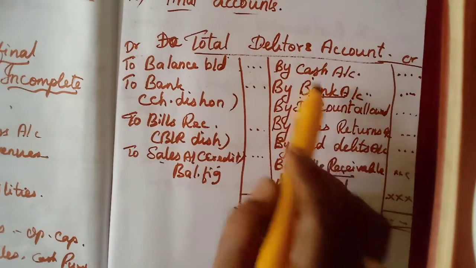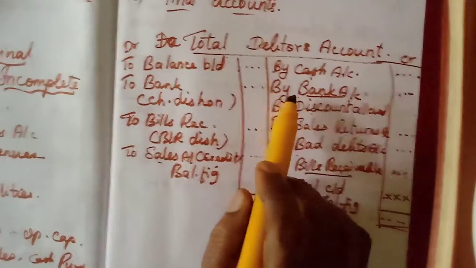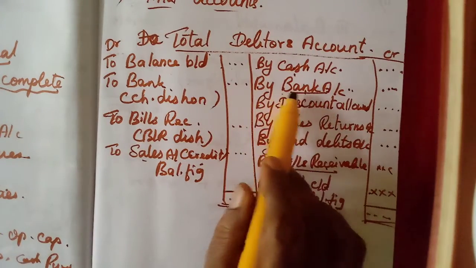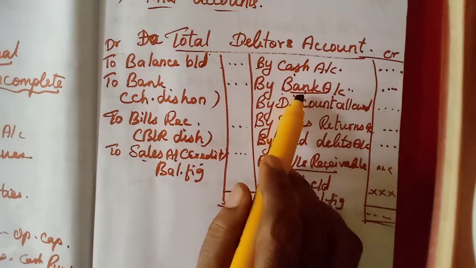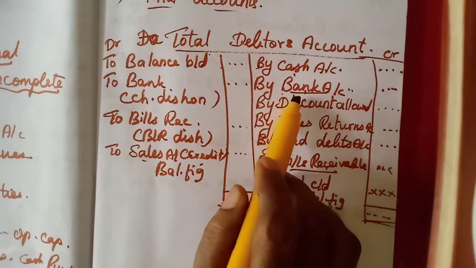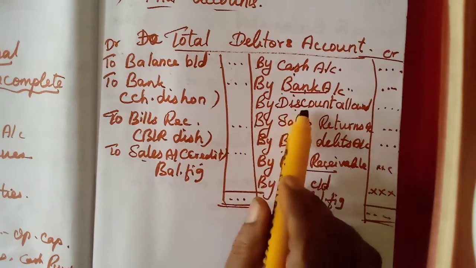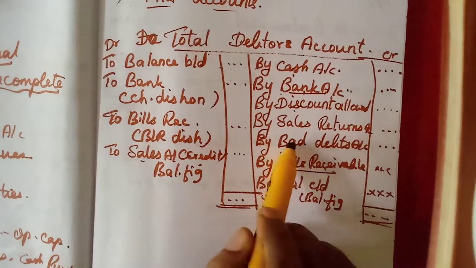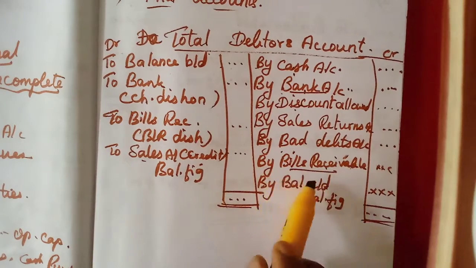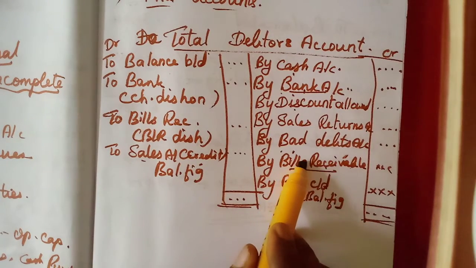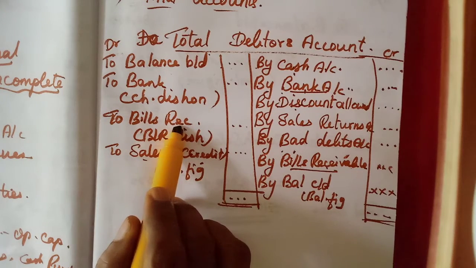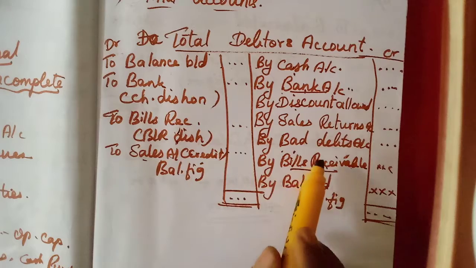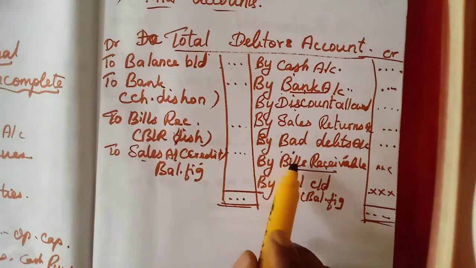Then here cash received from debtors. Then if we deposit that money in the bank, bank account debtor, so we have to credit. Then if we allow any discount, any sales return, bad debts, this bills receivable and this bills receivable only we have entered there. Bills receivable dishonor, this one bills receivable honor.